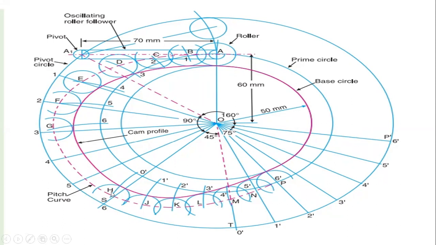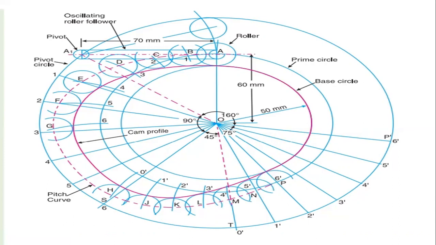Then we have obtained the points as H, J, K, L, M, N, and P. And next, the last period is the dwell period of the remaining 160 degrees. So you have to draw the remaining 160 degrees in a thick line.